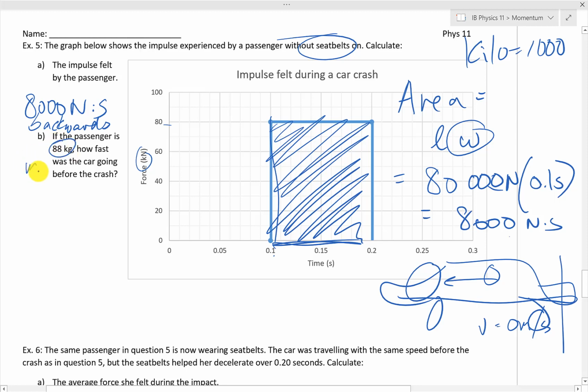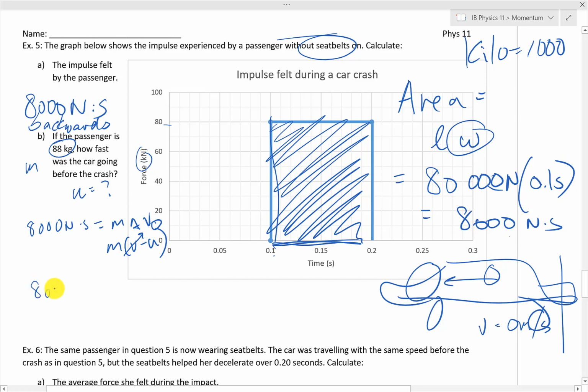Nonetheless, we here have the mass, we have the final velocity. We need to know the initial velocity of the car before it crashes. We do have the impulse. So since impulse is change in momentum, and we know that change in momentum is the mass times the change in velocity, and the change in velocity here is final velocity minus initial velocity, which our final velocity is 0.